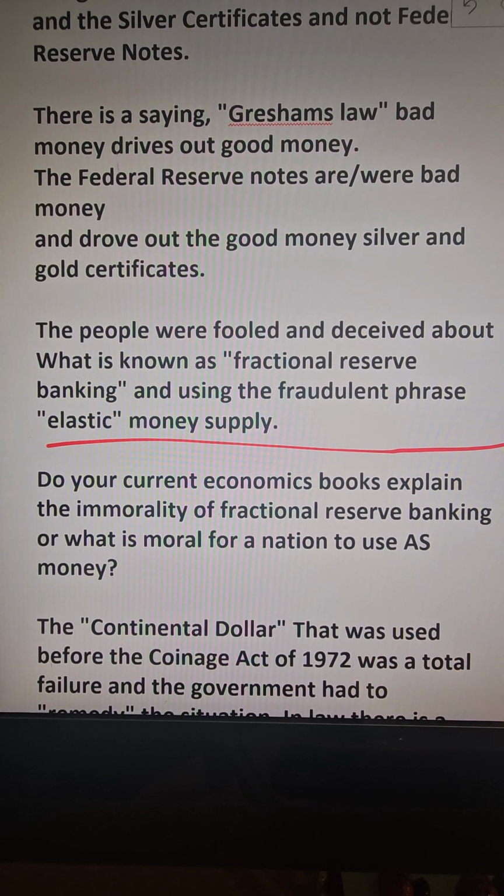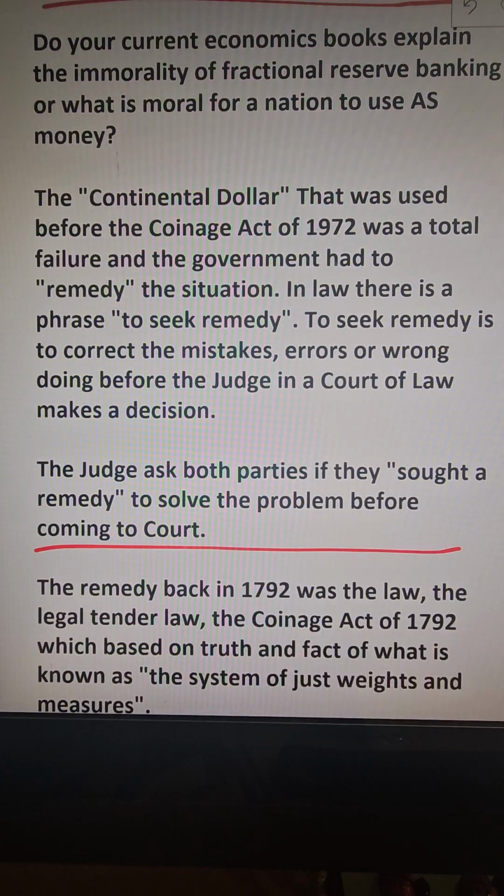I have another video that shows you that these words they're using, like crash and elastic, are not specific and clear enough to explain what's going on. But they've gotten everybody to repeat the words that are vague and not more clear. So we've already seen that economics books and textbooks don't really explain the morality and common sense of fractional reserve banking. So let's continue here.